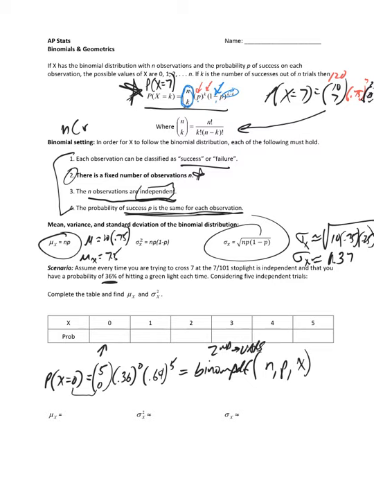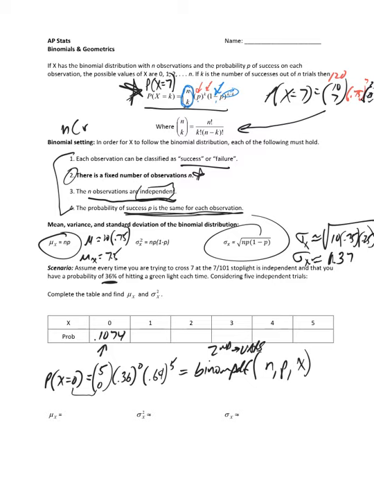So N is 5, P is 0.36 in this case, and the X value we're looking at is 0 successes. And so you can do that, and that gives you, of course we would round here, about 0.1074. So there's about a 10 or 11% chance that we would get 5 straight trips where we did not hit a green light at that stoplight.